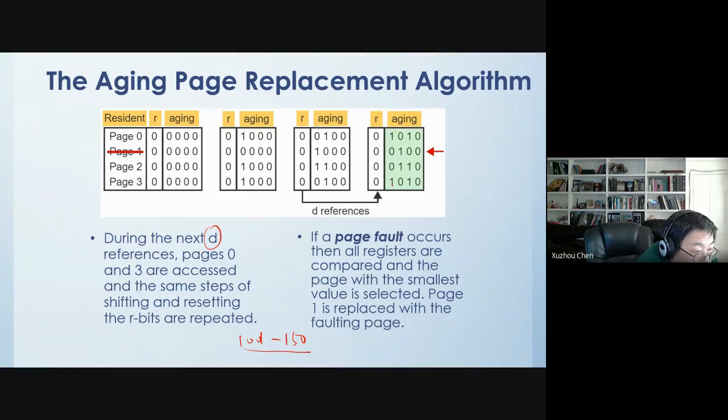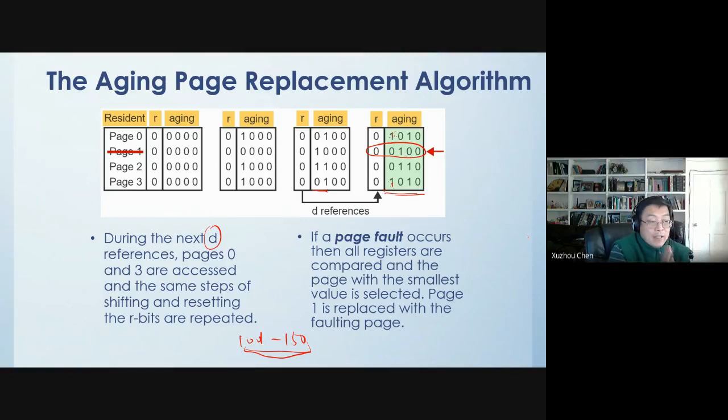So now we push the aging bits to the right, and then put the recent page reference in the most significant bit. Now, this dramatically changed the way the page replacement is going to work, because now page 0 and 3 have been referenced. So if a page replacement happens at this time, then we will find out page 1 will be replaced, right?